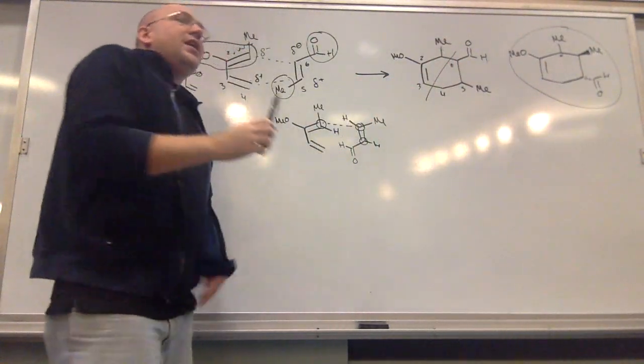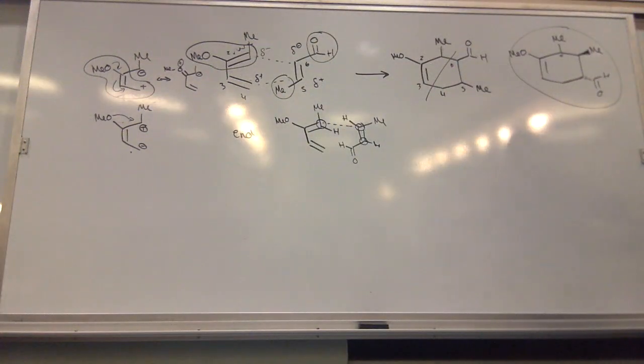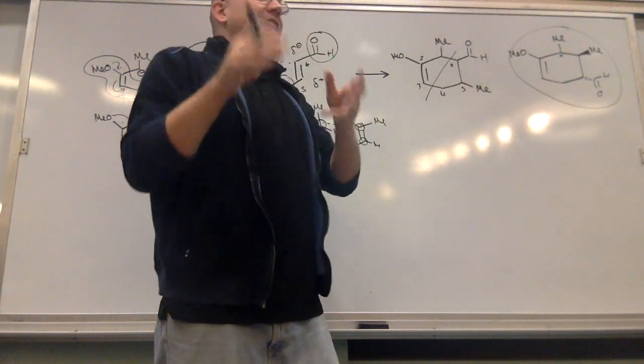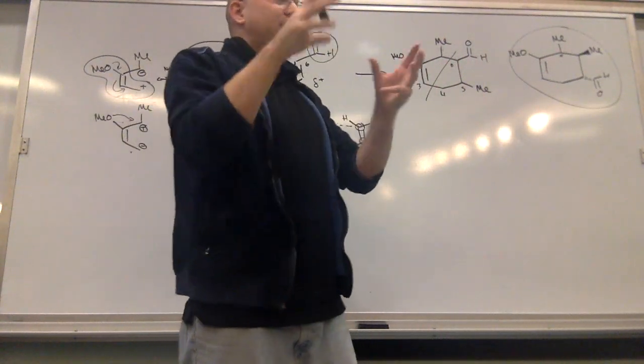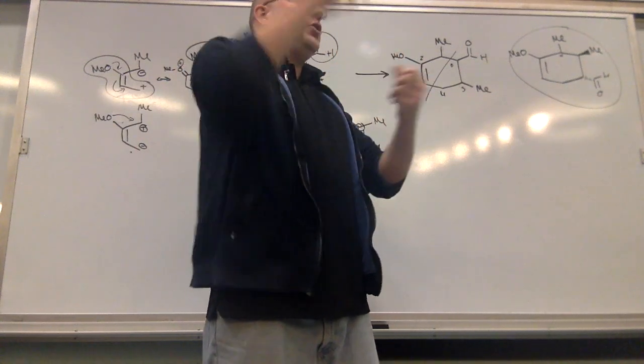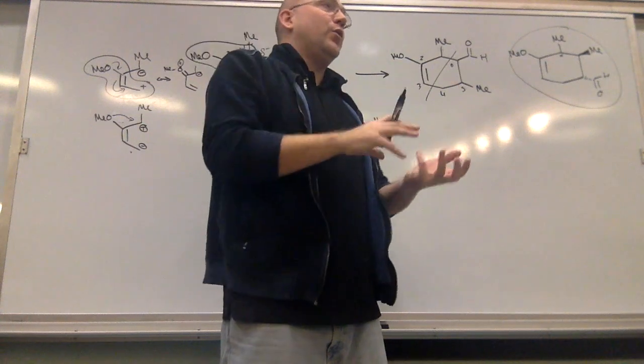So remember that the endo is dictated by... Okay, that's a good question, right? Let me just take a step back. The term endo versus exo can sometimes be a little bit arbitrary, because sometimes there can be two groups, and one could be going away and one could be going towards you.